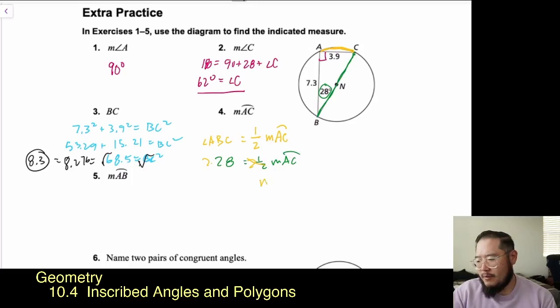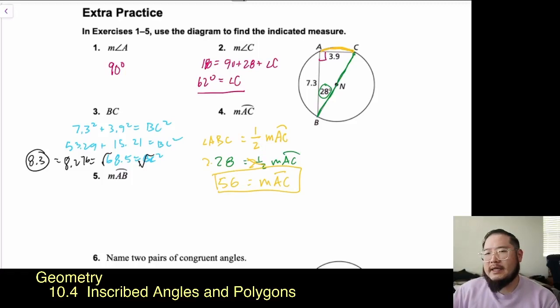And I have the measure of arc AC is equal to 2 times 28, which is now 56. And so there is the measure of arc AC. We're using another theorem, the measure of an inscribed angle theorem.